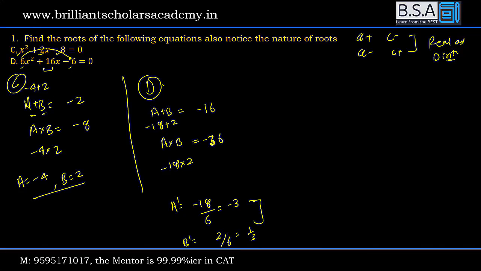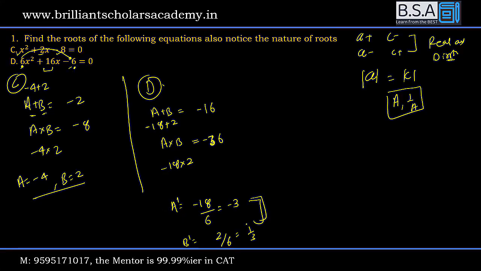These are the roots. One more observation. Whenever A and C are equal, forget the sign, A and C are equal, the roots will be inverses of each other. Plus minus will keep going. See, A is equal to 6 and C is also 6 with the minus sign.